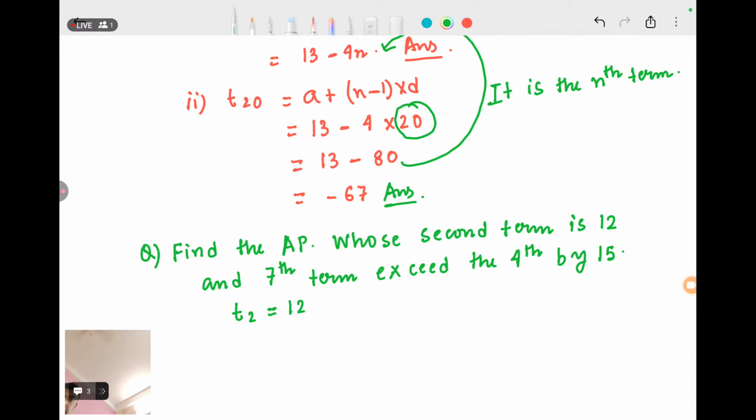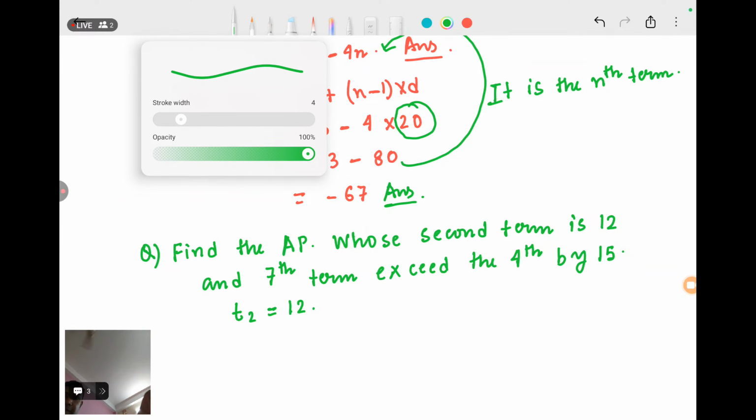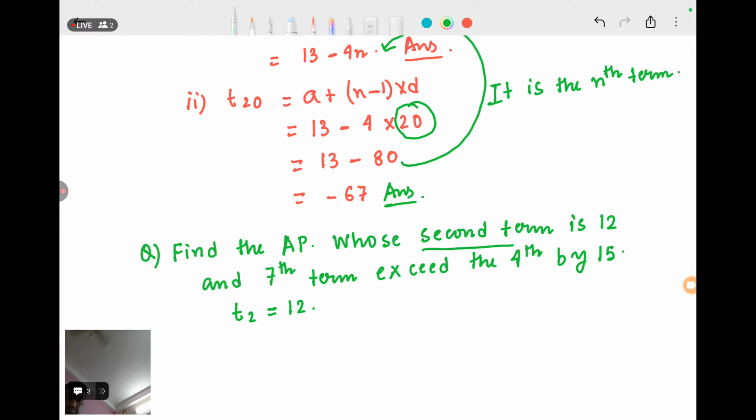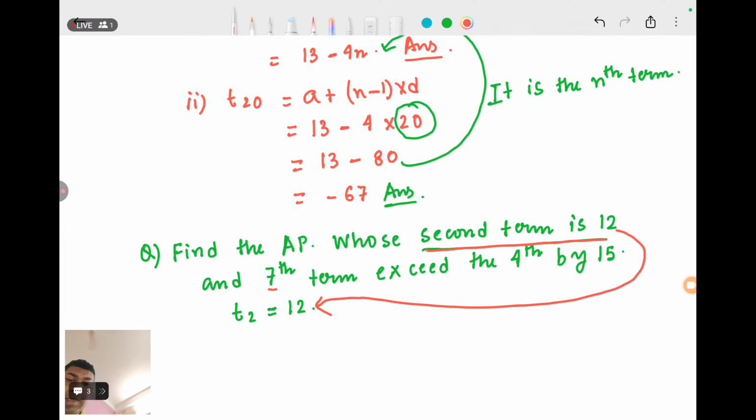Here it is given as second term is 12, so we can write T2 is equal to 12, and in the next line it is given that the seventh term exceeds the fourth by 15.